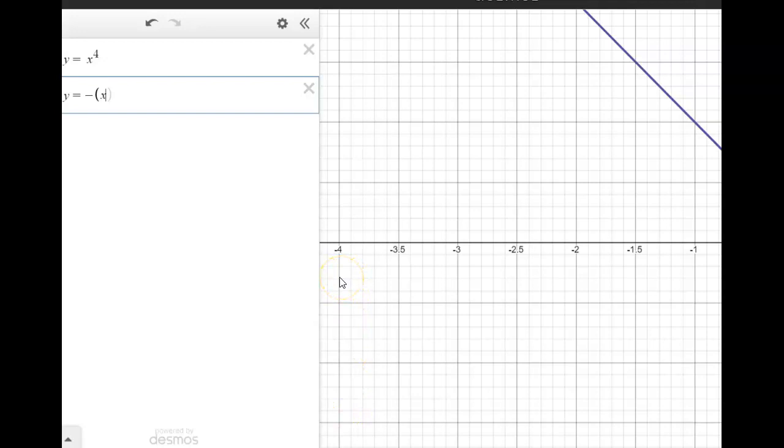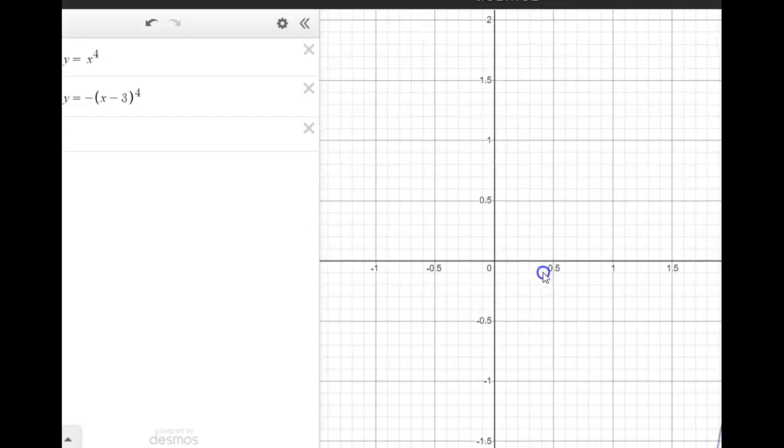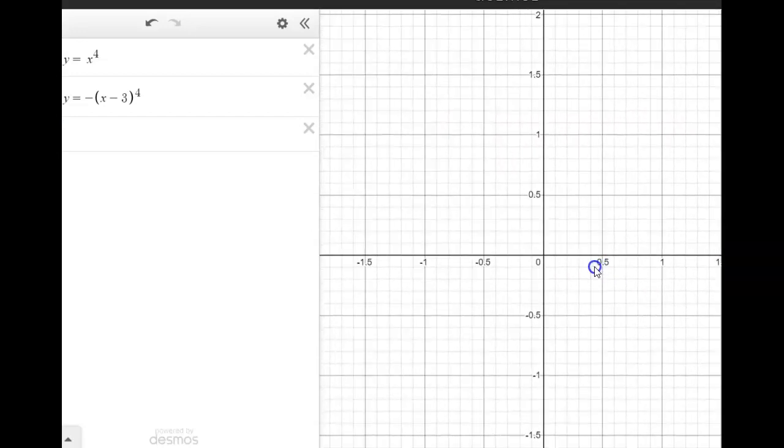Inside the parentheses because it's a horizontal change. And then we close the parentheses, and then we raise all that to the power of 4. So if we graph that one, I'm not showing the parent function.